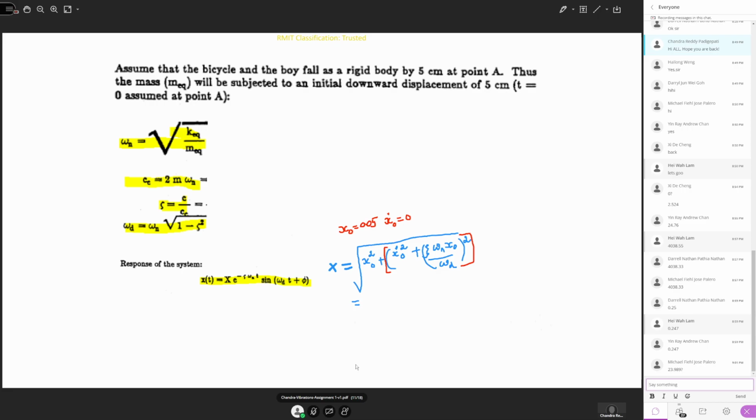Just a minor correction. This x dot, there's no square here.